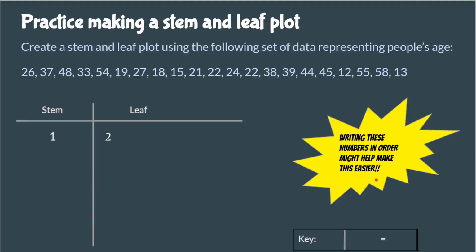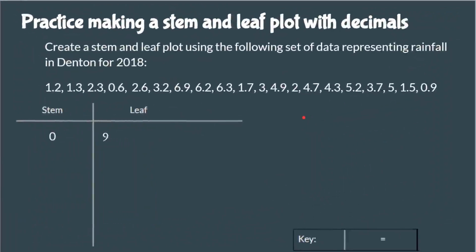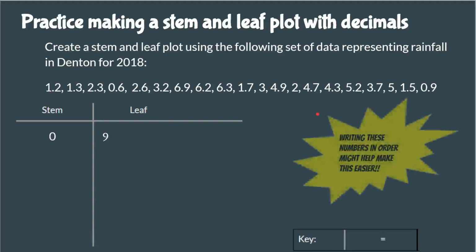So you might want to write all these down and put them into a group of 10s, 20s, 30s, 40s. And then when you put it on here, it's a lot easier. It's up to you. Then I put one on here with rainfall in Denton. Same idea. This time it is with decimals though. And so your key needs to represent that. And putting these in order might make it easier also.